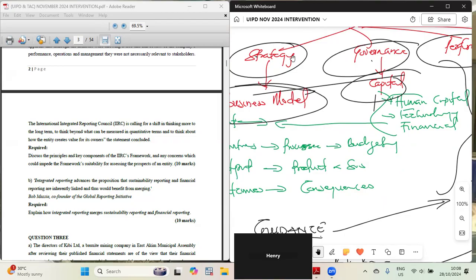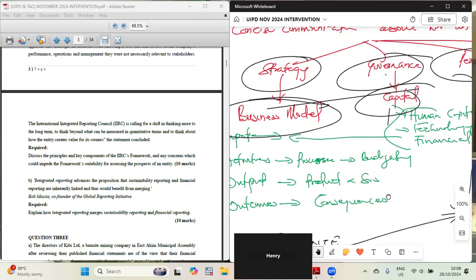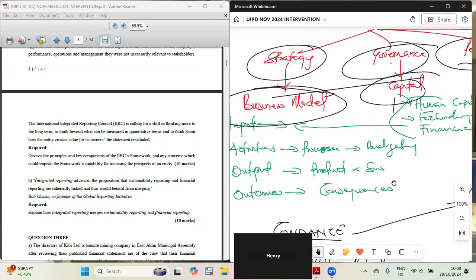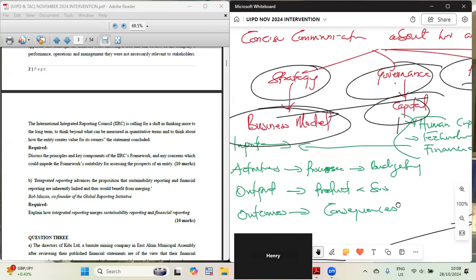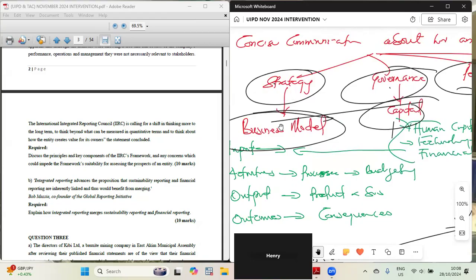Yes, Henry, your hand is up. I want to first find out, the content of the integrated reporting, are they six, or under the business, under the strategy, we have business model? Yes, it's part. So the strategy is communicating your business model.